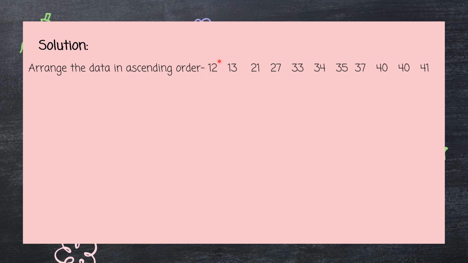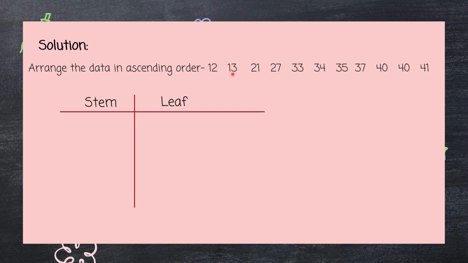So the lowest data is 12 and the highest data is 41. For the second step, separate each score into two parts, namely the stem and the leaf. Since all the scores consist of 2 digits, let the stem be the first or leading digit and the leaf be the last digit.